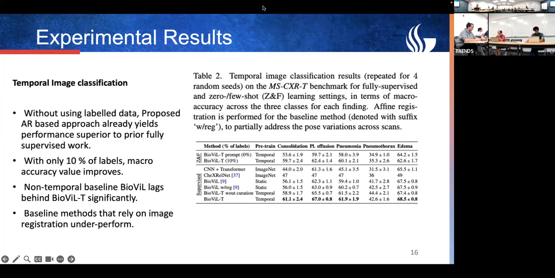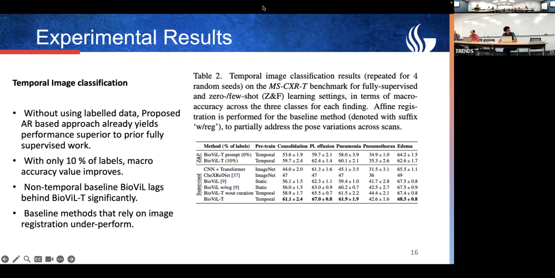And for the temporal MS classification, they have categorized it into two parts, Z and F. Z and F is basically zero shot and few shot learning. And then the next part is the fully supervised learning, where they have used labeled data for pre-training.